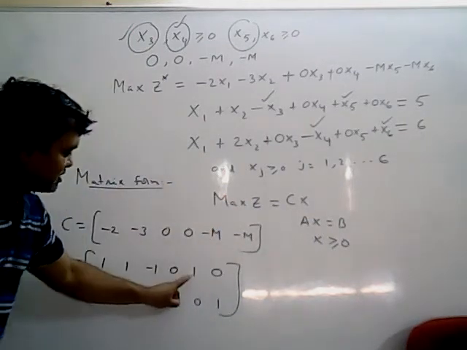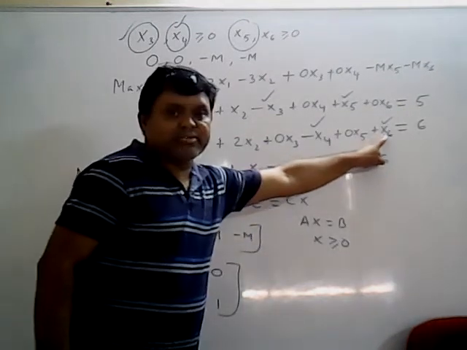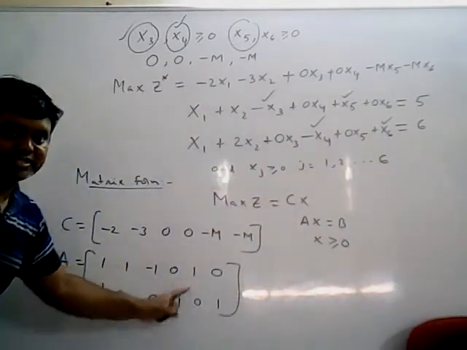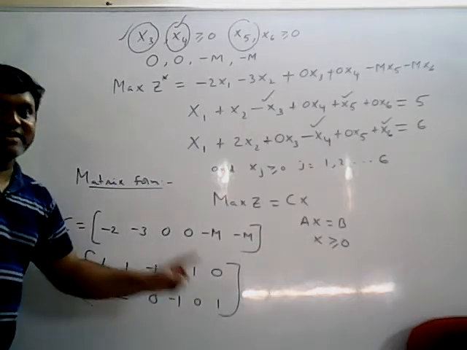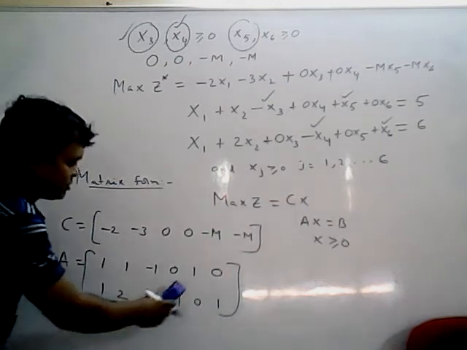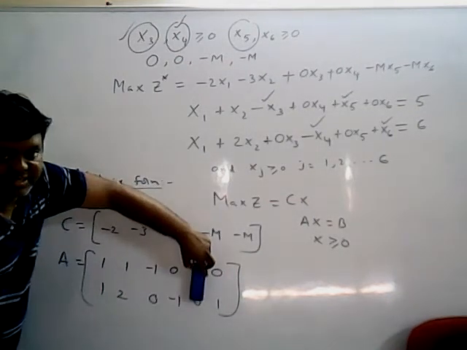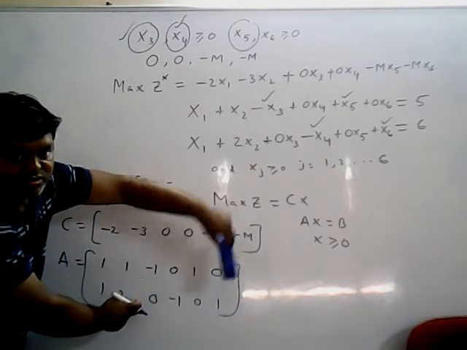So see, the artificial variable is added. That's why you are getting 1 0. For the last constraint also, an artificial variable is added, so 0 1. So now 1 0 0 1 exists. Whenever a constraint is of greater than or equal type or equal type, directly the IBFS does not exist. See, you are getting minus 1 0 0 minus 1.